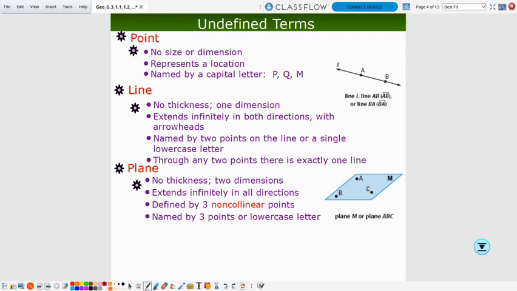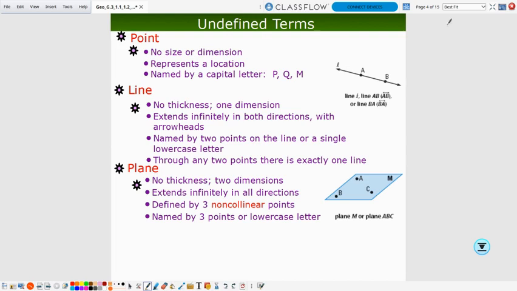We name a line by 2 points on the line. In this case, line AB. Or we can use a single lowercase letter. We can also call this line L. Through any 2 points, there's exactly one line.